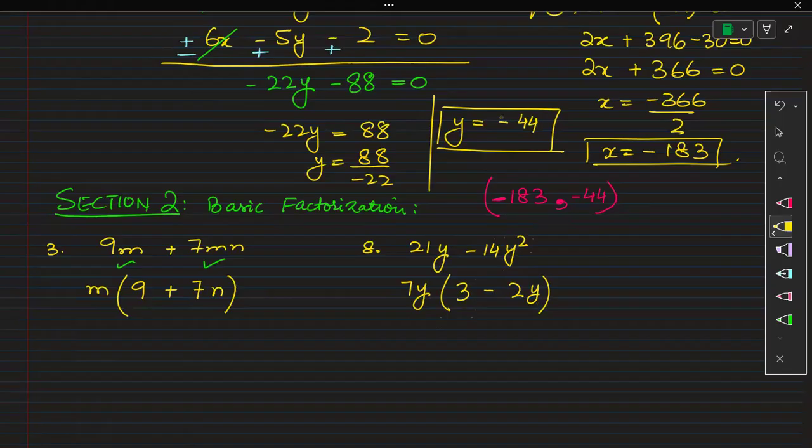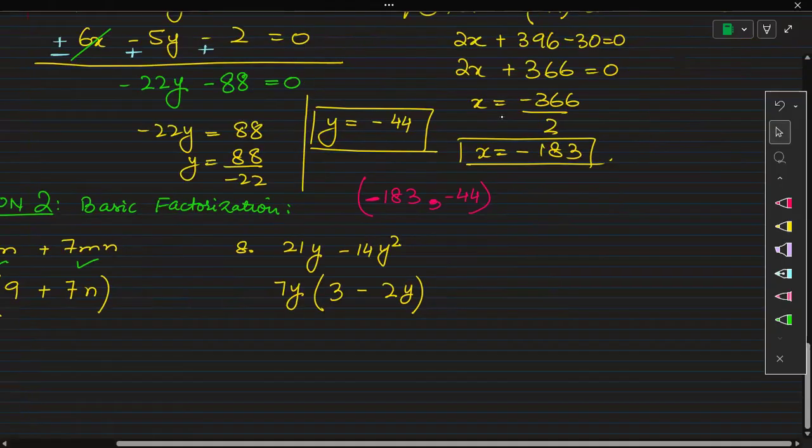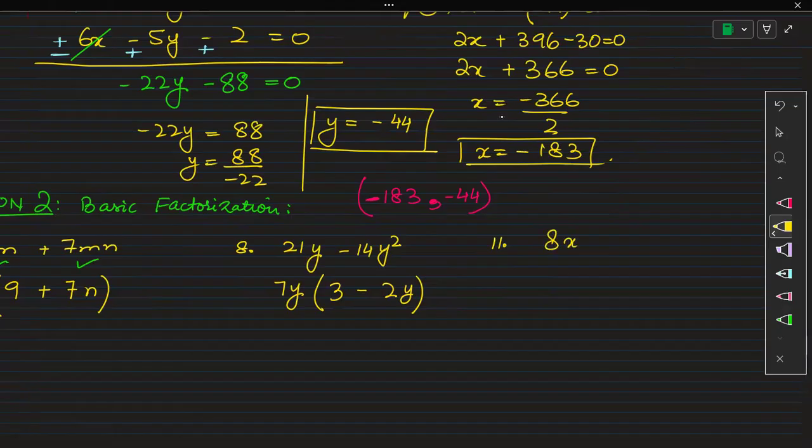Okay. Now we have another math equation. Sorry, it's not an equation, it's an expression, right? So we have another expression. In question number 11, it is 8x squared y plus 7x y squared, right?